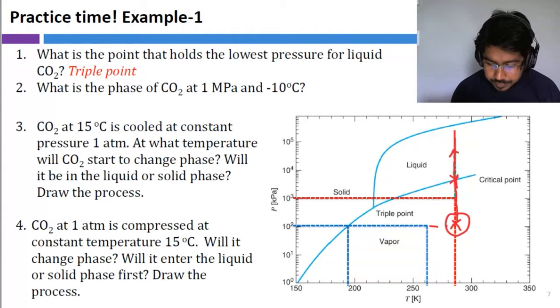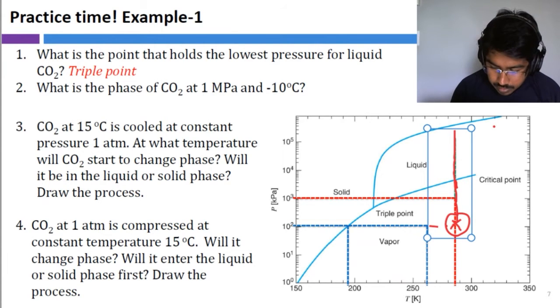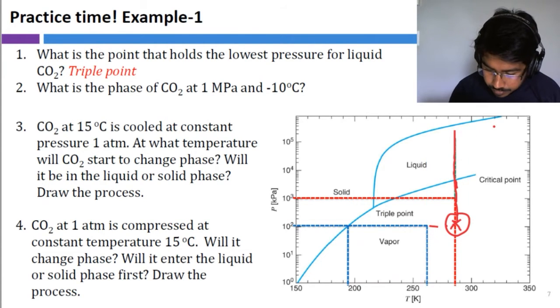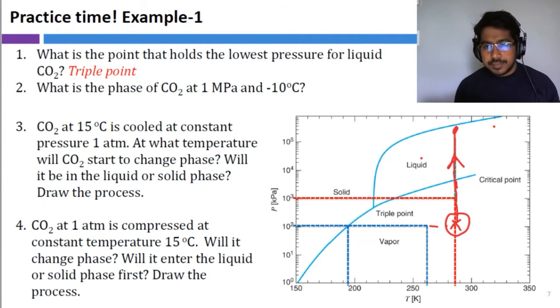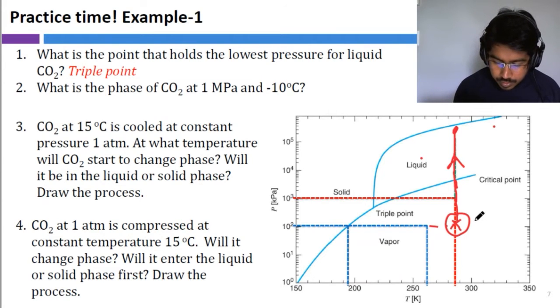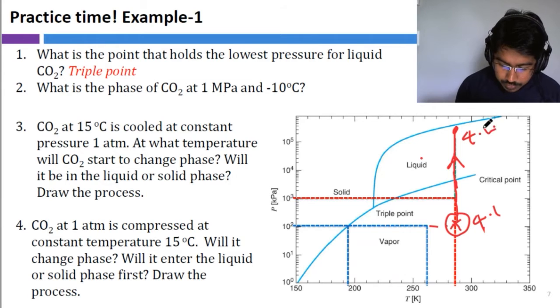So draw the process. Now to draw a process, what are the important steps? There should be a starting point. There should be an end point, and then we should indicate the direction, right? 4.1 to 4.2, these are the names for the points.